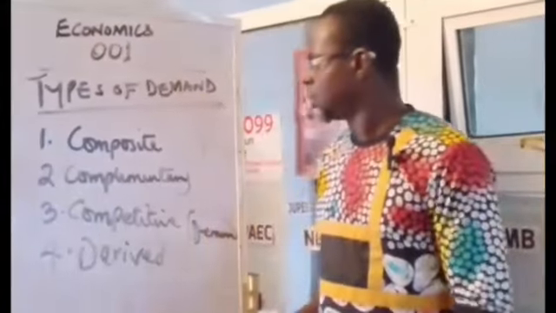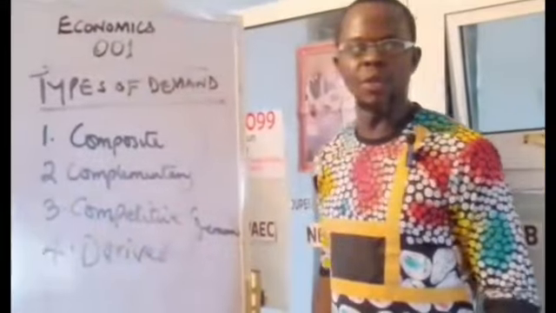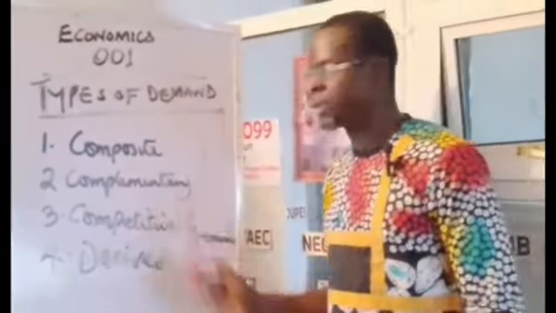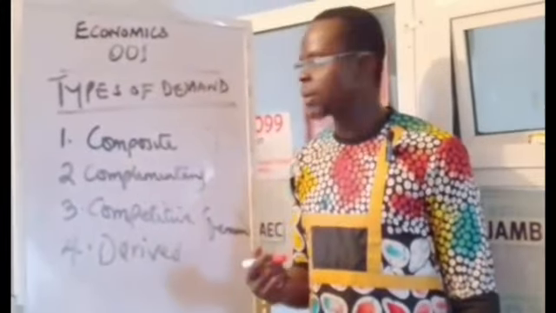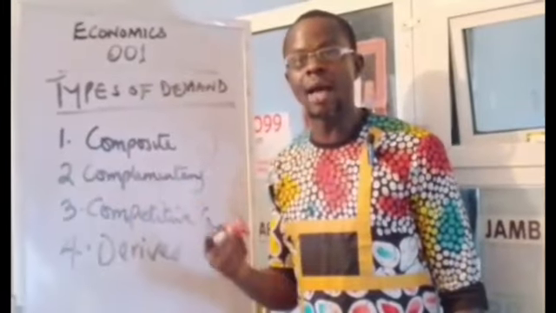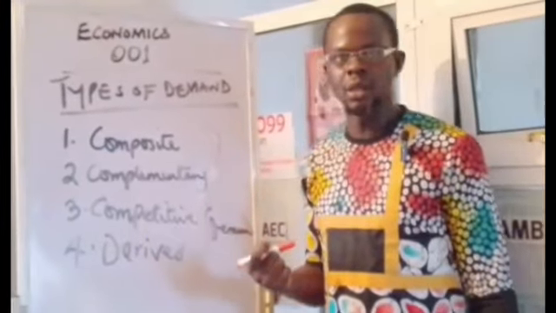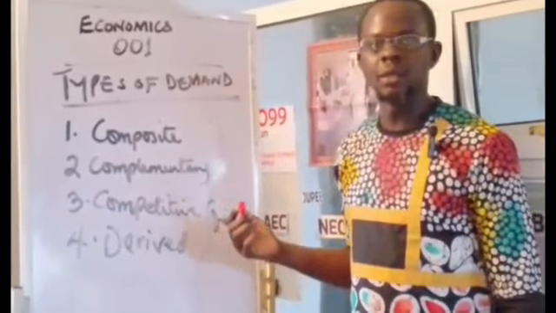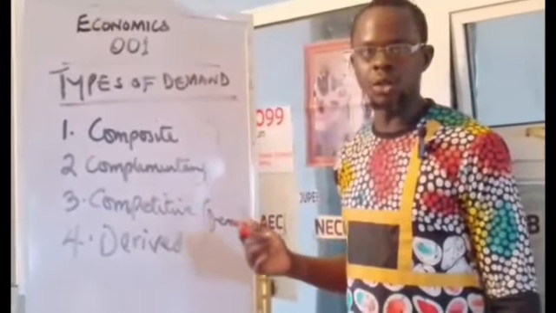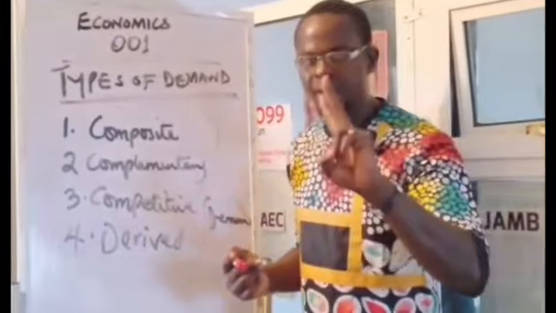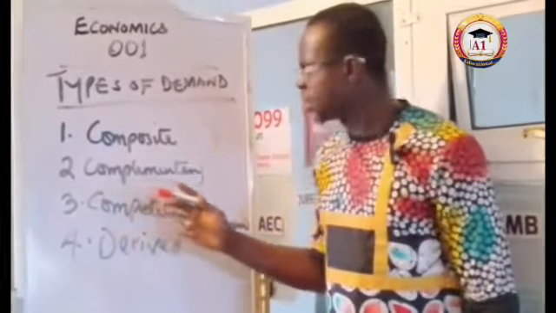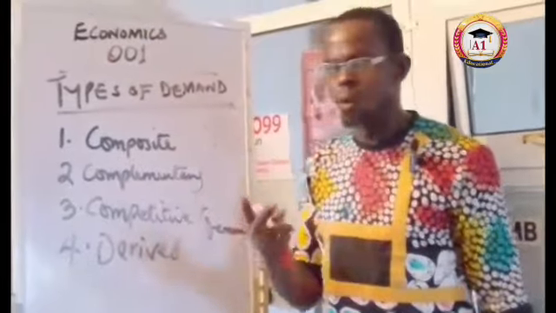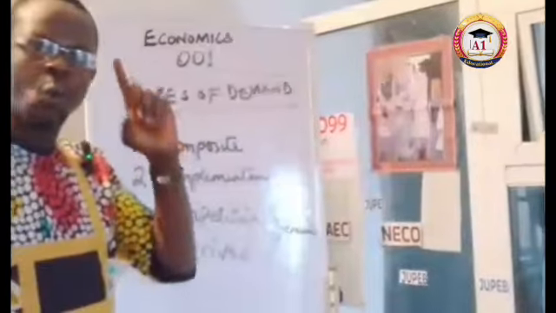Moving forward, we also have another type of demand, and that is complementary demand. Complementary is also known as joint demand. What is complementary demand? Complementary demand occurs when two commodities are demanded to serve one purpose. I repeat, complementary or joint demand occurs when two commodities are demanded to serve one purpose.